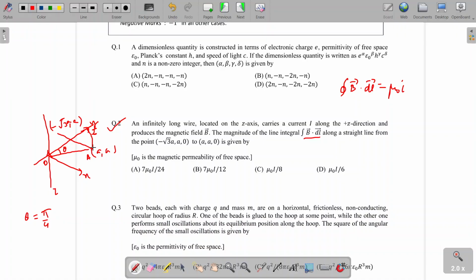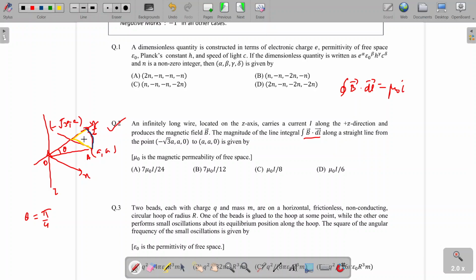So if we find B dot dl along this blue curve, it would be the same as B dot dl along this yellow curve. The reason being, the blue curve and the yellow curve form a closed loop. As they form a closed loop, the B dot dl along this complete loop should be equal to mu naught times the current passing, which is 0.